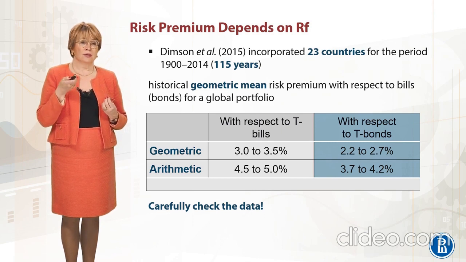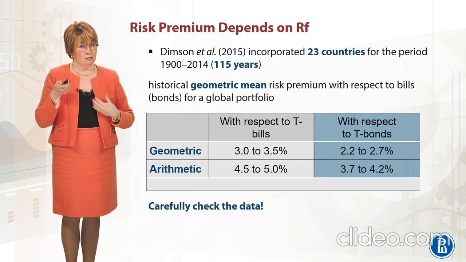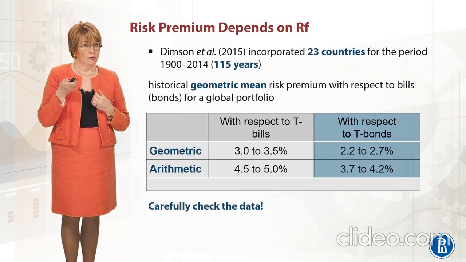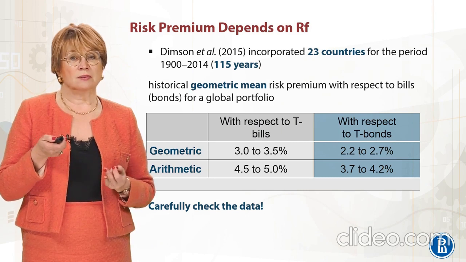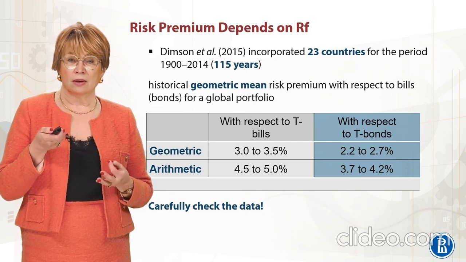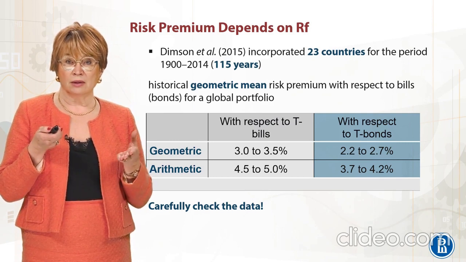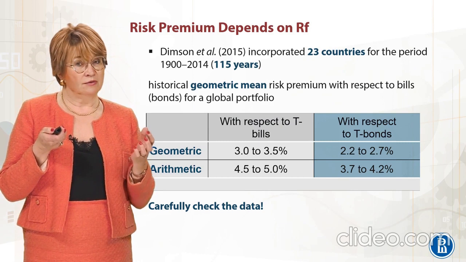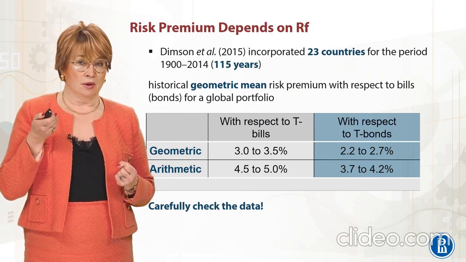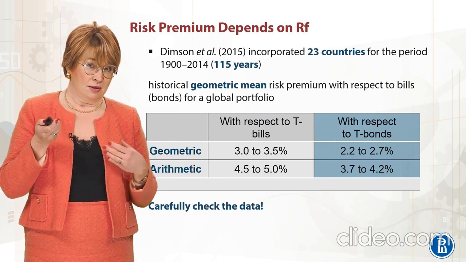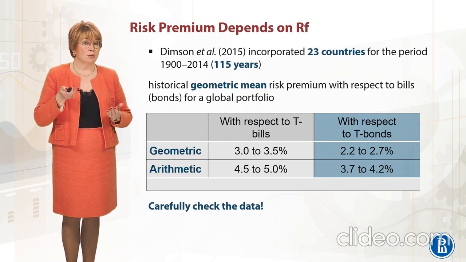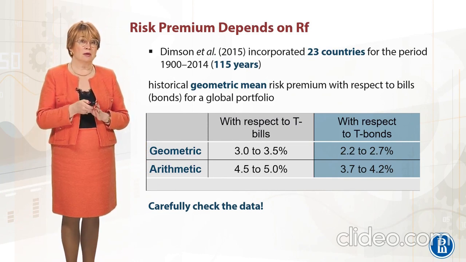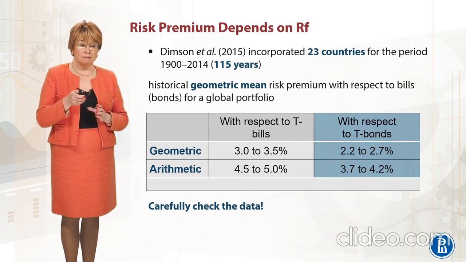And the historical risk premium is calculated by means of the geometric mean, with this particular type of approach, for the so-called global portfolio. And you may see that in the column which represents the risk premium versus treasury bills, we get very different estimates as compared to the column which represents the market risk premium for investing in equity stock, in case we are applying the risk-free asset as treasury bonds.